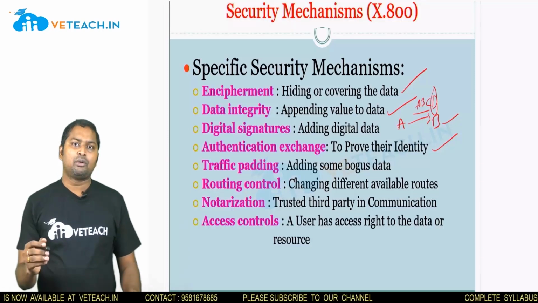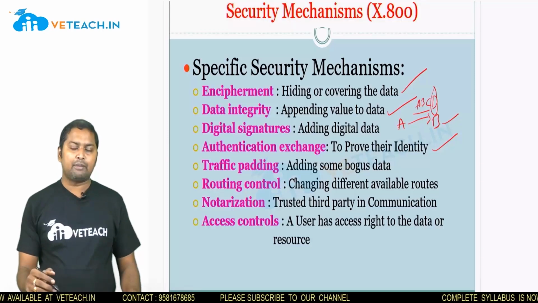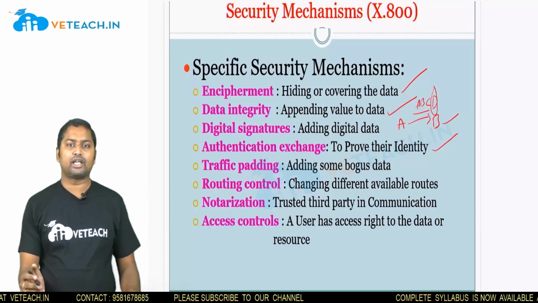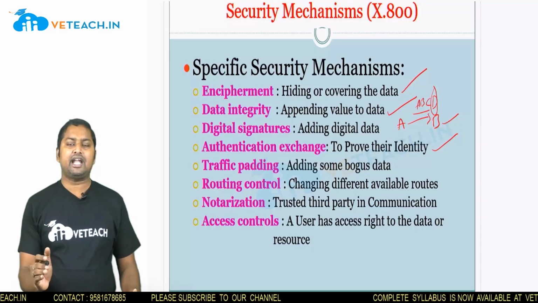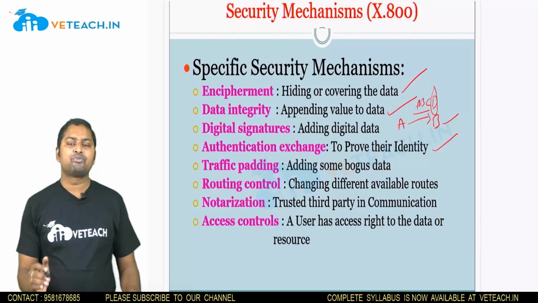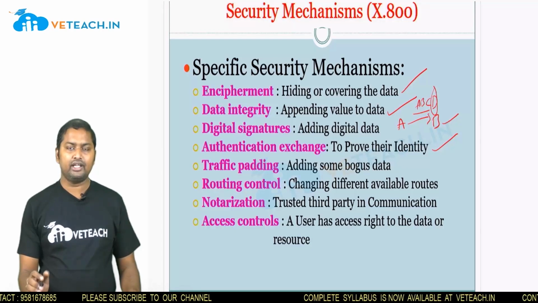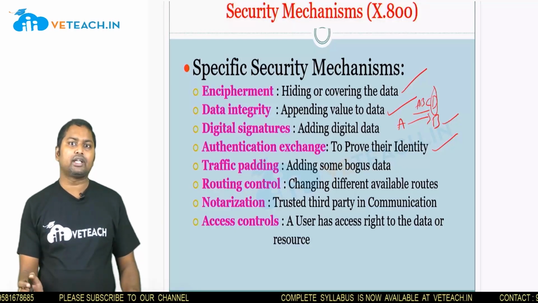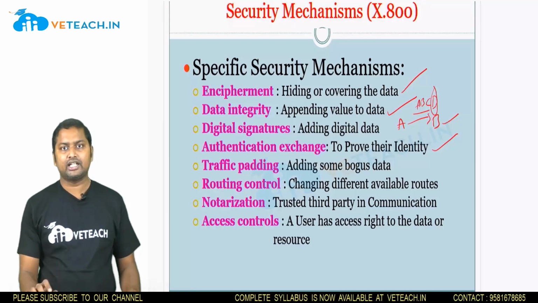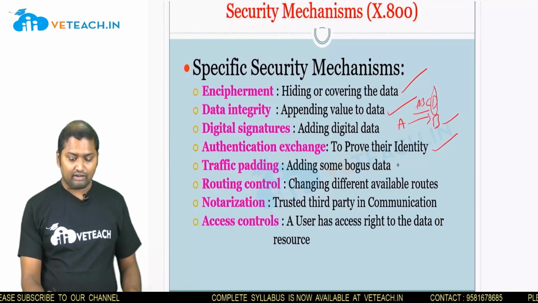Before sending the data, I give the image or the text to the receiver. The original message is sent by me only. How can the receiver identify this? Based on the identity, the receiver concludes that the message was sent by the sender only.